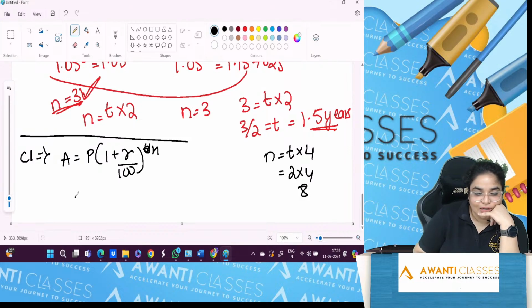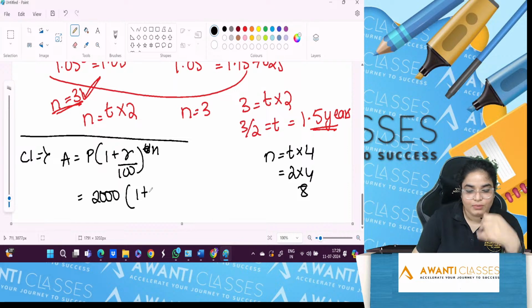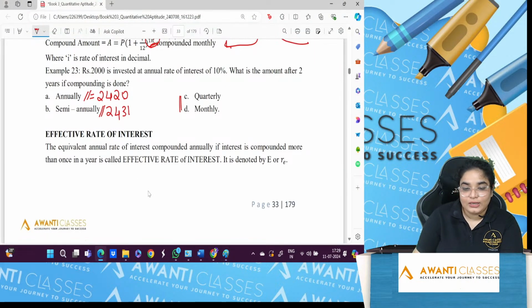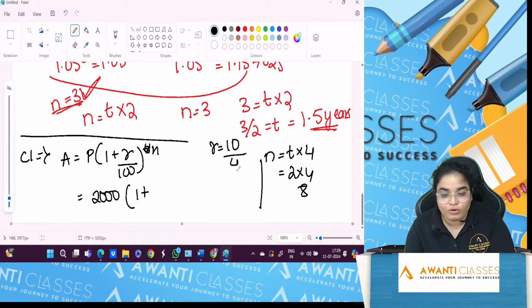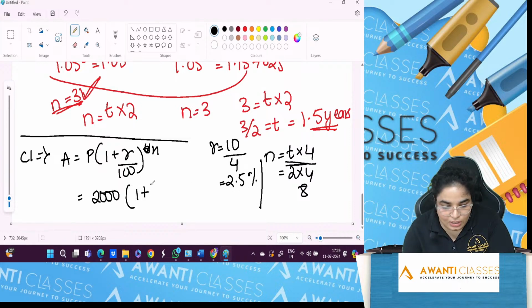A we have to find is equal to P, which is 2000 rupees, into 1 plus how much? 10%. How much is R? R is equal to 10 divided by 4, because it is 4 times in 1 year. So 2.5%, which is 2.5 by 100, to the power of 8.